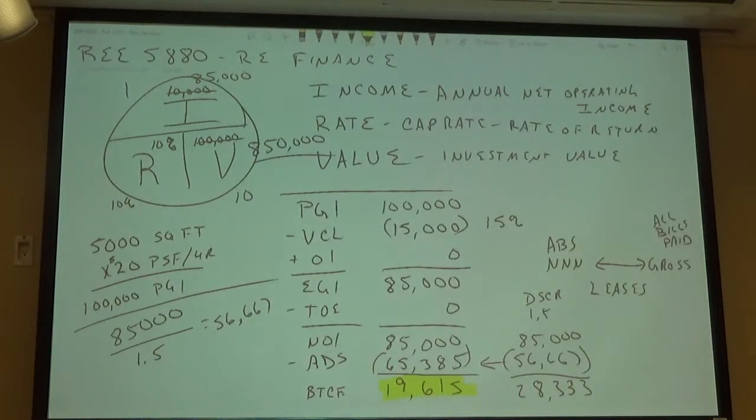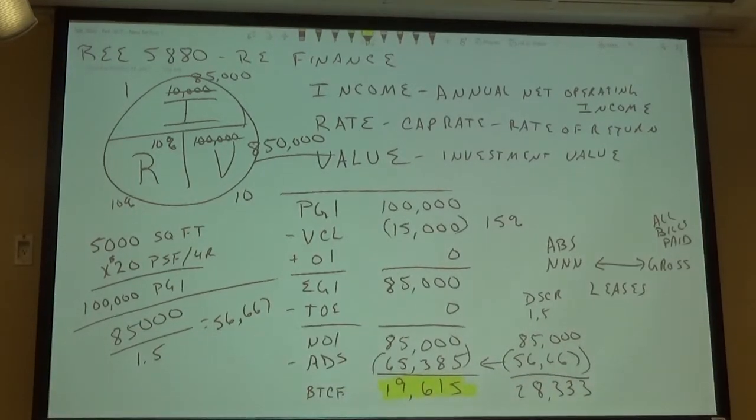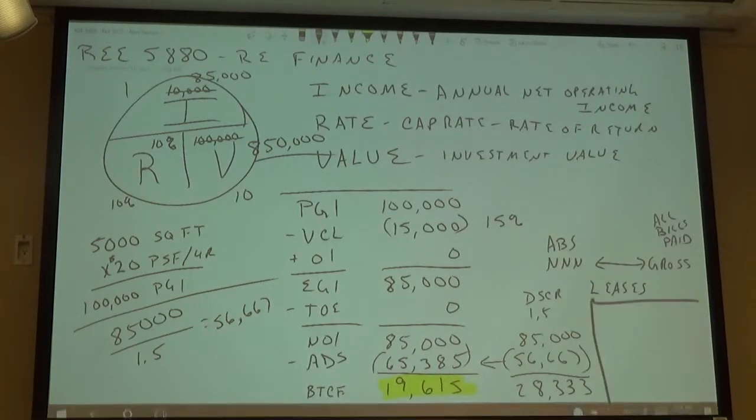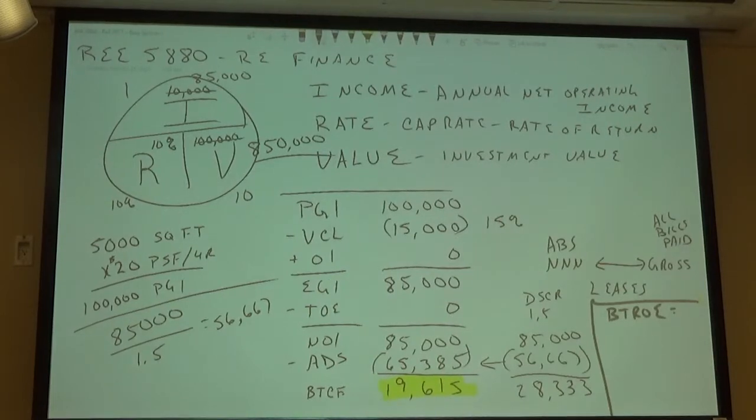Does that make sense? So, for example, we can do a very basic calculation. You will hear it referred to as cash on cash, or as I tend to call it, before-tax return on equity, okay? Which is as follows. Let's draw a little. Before-tax return on equity is simply equal to your before-tax cash flow divided by your equity.